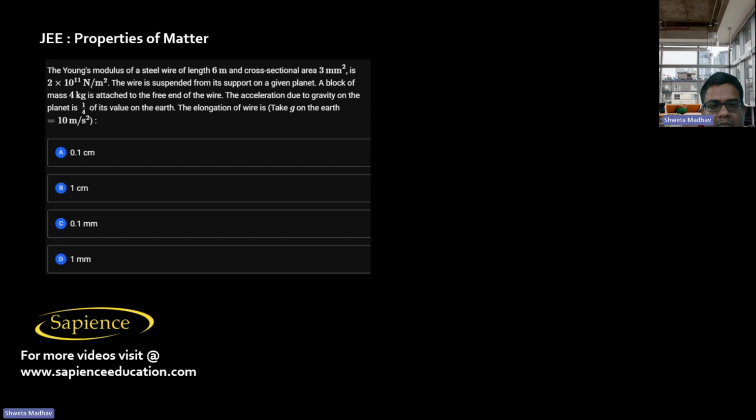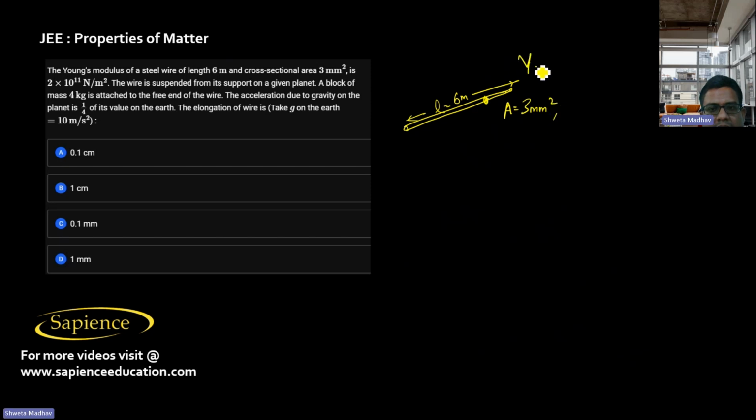The steel wire is of length L, which is 6 meter, and the area of cross section is 3 millimeter square.